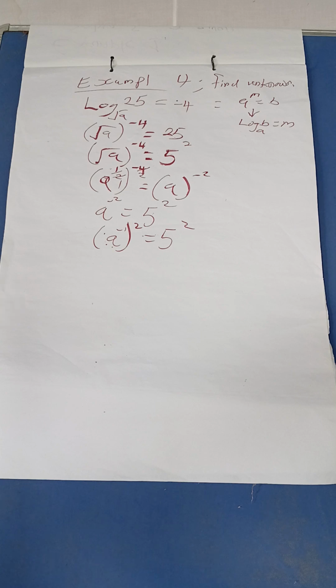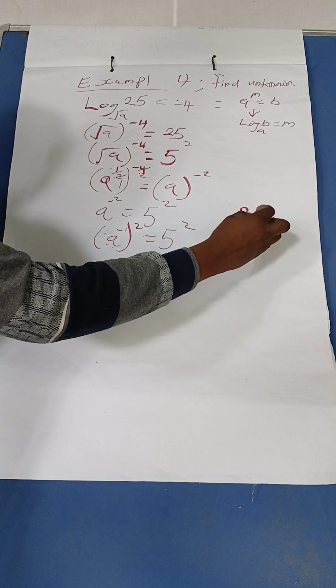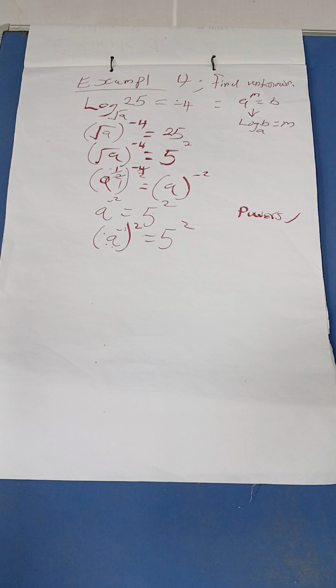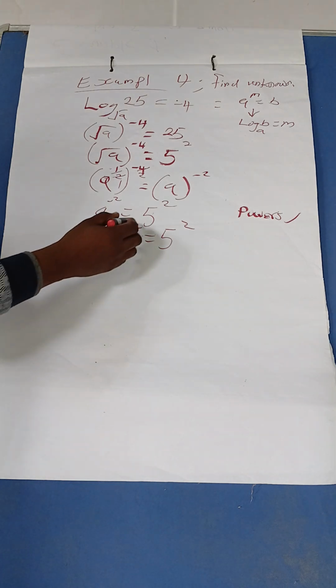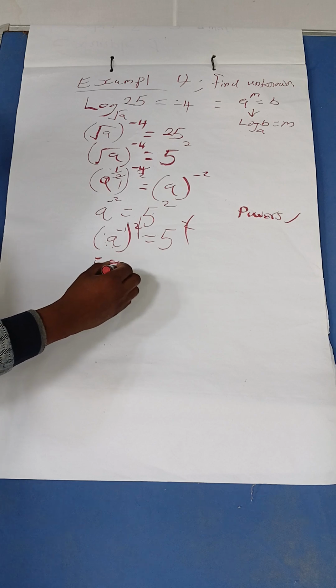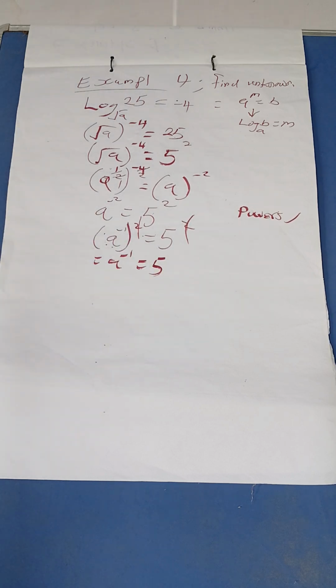What next? We remember we said when the powers are the same, we cancel off. I can see I have 2 there, so I will cancel off. Then I will remain with a power negative 1 is equals to 5.